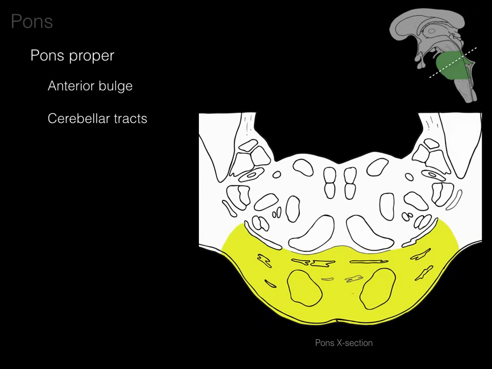There in yellow is this anterior bulge, and we can see these cerebellar tracts that go side to side, where we have this bridging action between information going through the middle cerebellar peduncle going to the cerebellum.